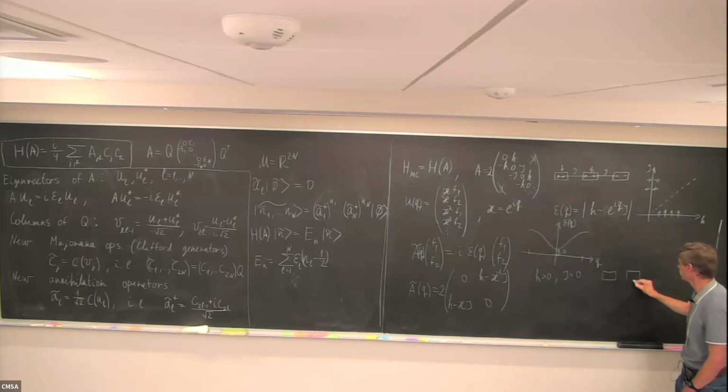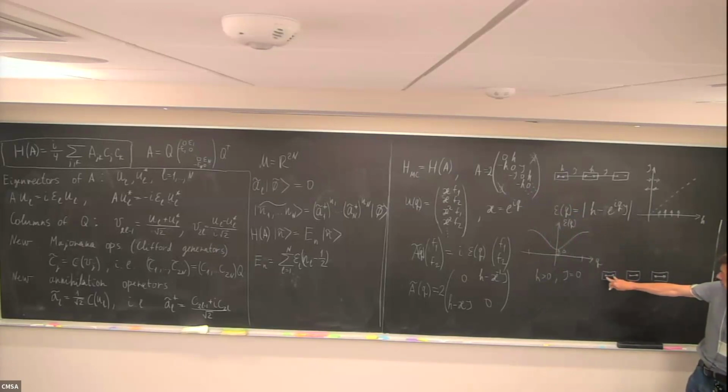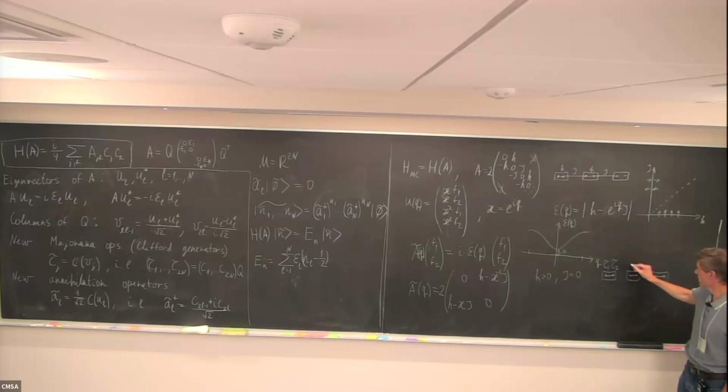We have this picture, which means that the Majorana modes are gapped, and we can label them with tildes just fine. So the new Majorana modes are basically the same as the original ones.